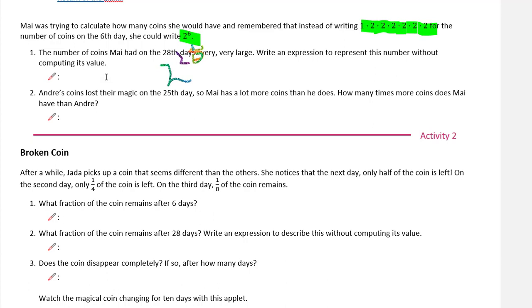Andre's coins lost their magic on the 25th day. So Andre only doubled his coins for 25 days. So May has a lot more coins than he does. How many times more coins does May have than Andre? So if May has, and that's really hard to read there, what I wrote for number 1, but it says 2 to the 28th.